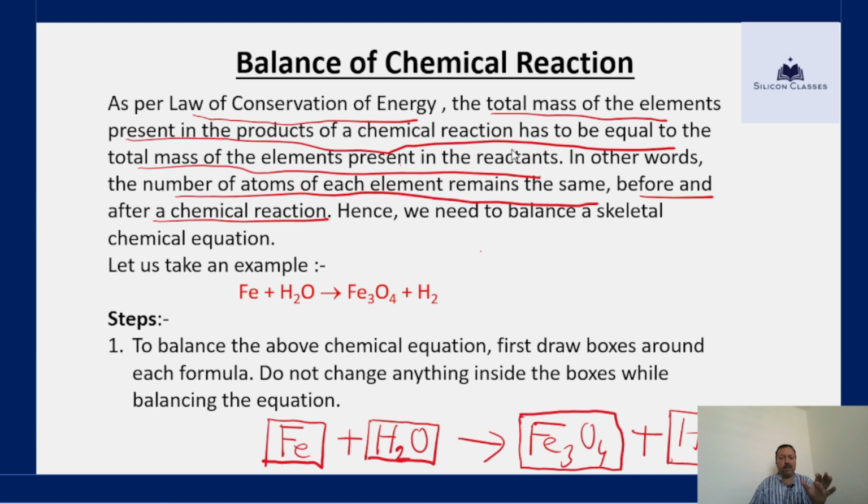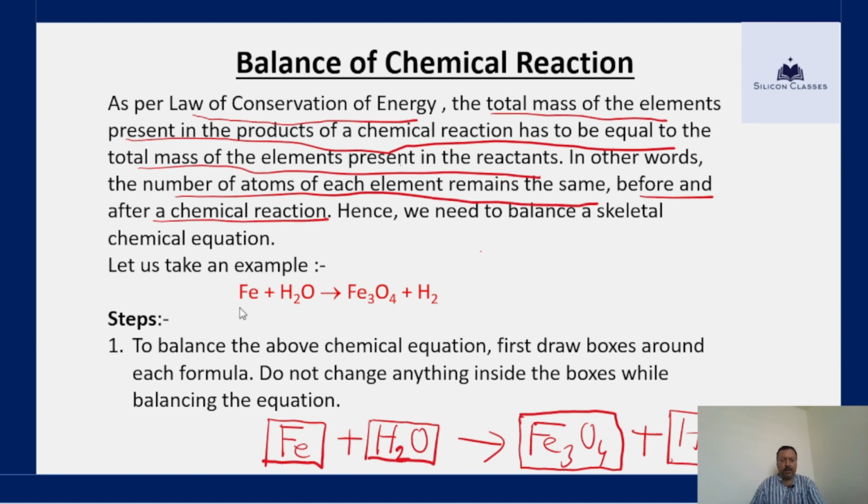The element present in the reactant and in the product should be the same. In specific terms, suppose iron atom, oxygen atom, hydrogen atom participate in a particular reaction, the atoms of each particular element participating on the reactant side should be the same on the product side also. For that reason, we should balance a chemical reaction.